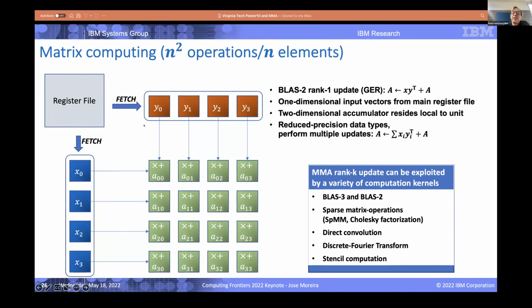The primitive implemented here is basically an outer product type rank 1 update, where you element-wise take the previous value of that particular element in your matrix register and update it with ax plus y for the input vectors.